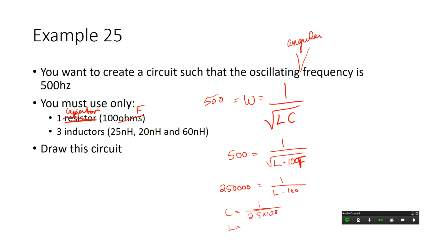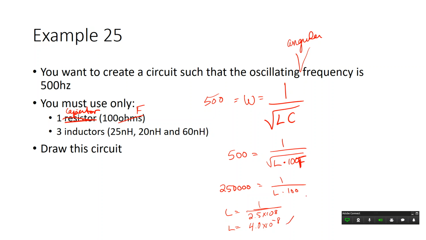I think there's an error with the exponent. It's 2.5 times 10 to the minus 8. Yeah, that's correct. And that is the same as saying 40 nanohenry.